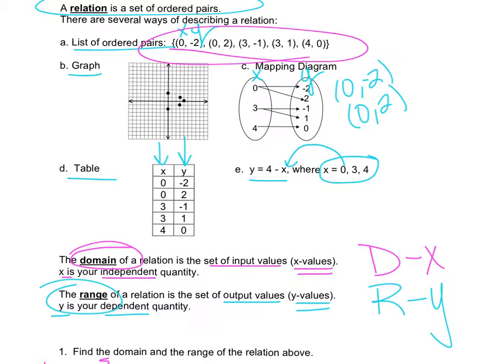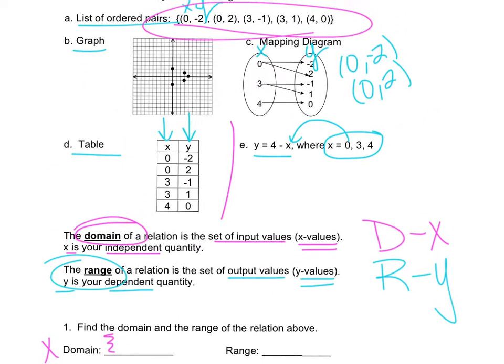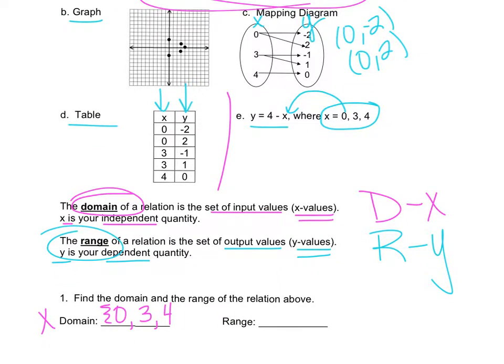So smallest X value would be a 0. And then next would be a 3. Notice there's 2 3s, but we will only write it one time. And then a 4. And then close your brackets.